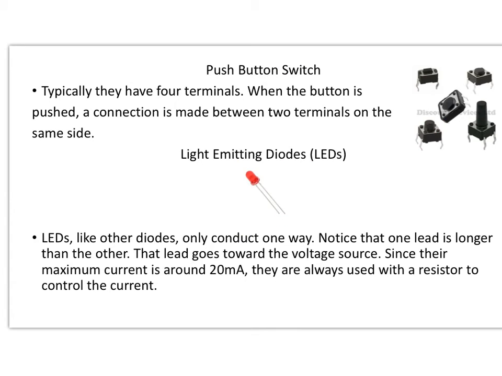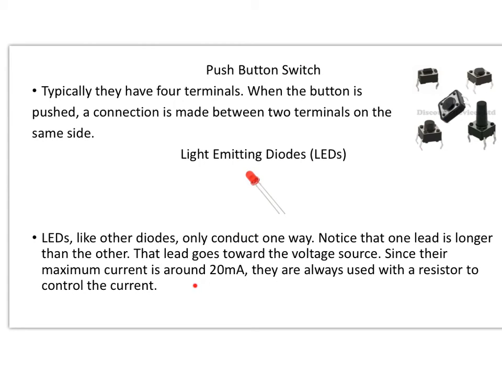That lead gets connected toward the voltage source, and the other side gets connected toward the ground. If they're not connected that way, they just don't work. So if your light is not lighting up and it's supposed to, that's the first thing to check.